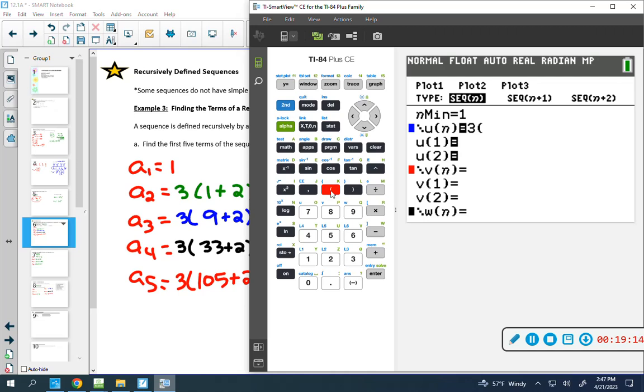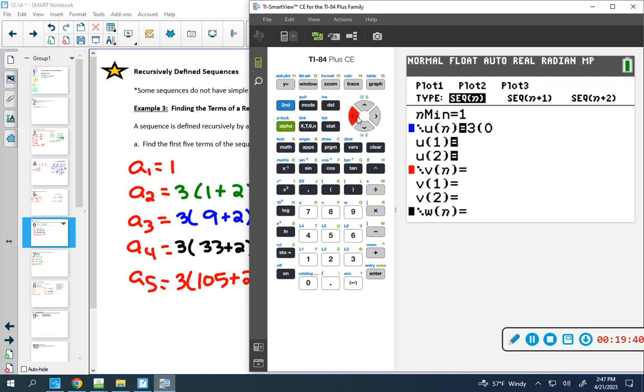Now, here's where it gets a little dicey, because remember, it was 3 times the previous term. Watch this. You got to find u, which is above 7. And notice, mine might be a different color than yours. Mine's that light blue color. So I'm going to have to hit alpha and then 7. Maybe. Alpha. That might help if I hit it here. I need taller shoes on alpha.